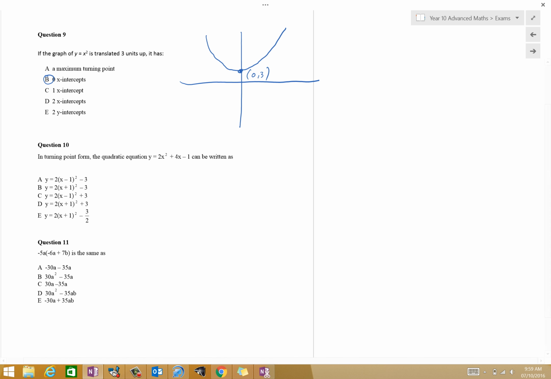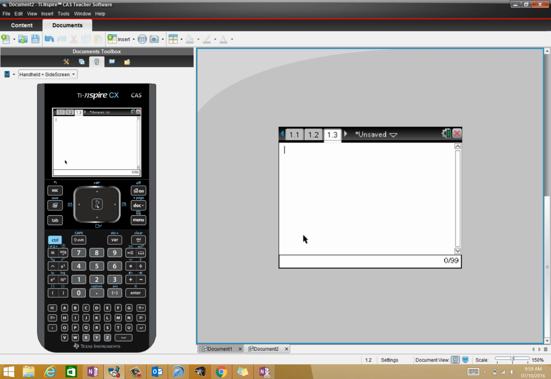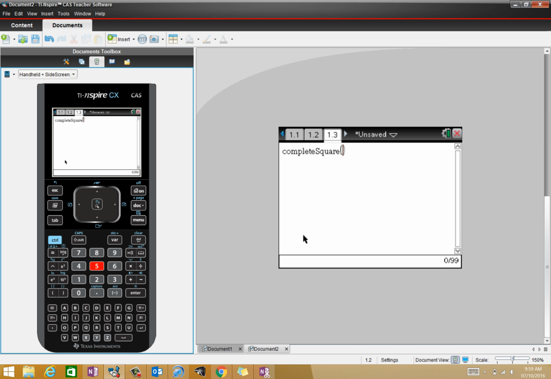Okay. In turning point form, the quadratic equation can be written as, well, hey, this is another completing the square: 2x squared plus 4x minus 1. We can go to our, what did I say was the shortcut for complete the square? Menu 3, 5.